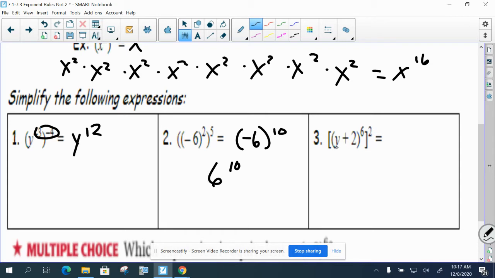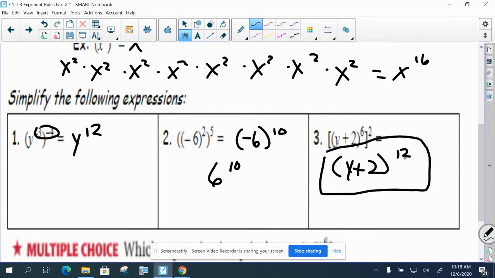For number 3, you're going to just take 6 times 2, which would be 12. So y plus 2 to the 12th power, and then that's it. You're not going to try to distribute the 12 or anything. You're just going to write it like that.